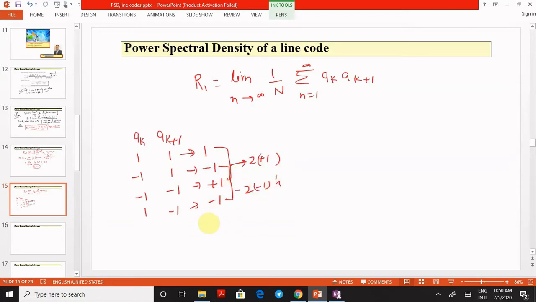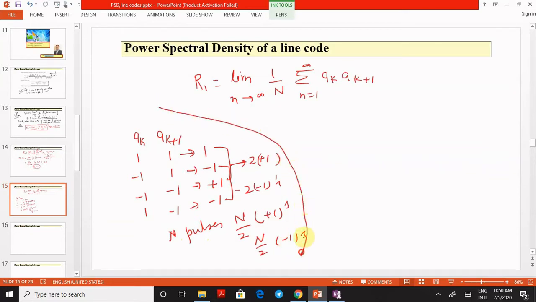If we generalize it for capital N pulses, then we will get n by 2 plus 1s and n by 2 minus 1s, right? So we'll use this concept to solve the value of R1.